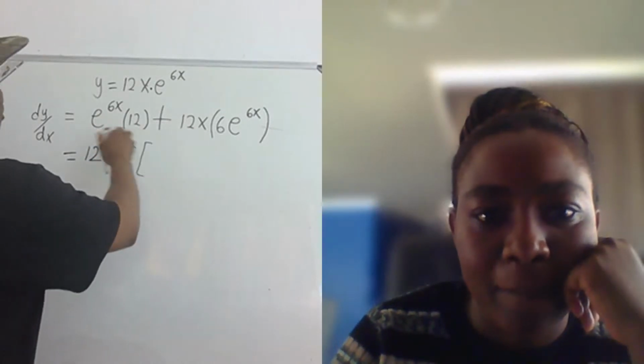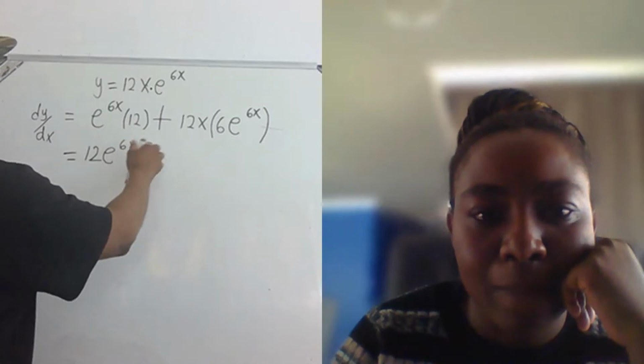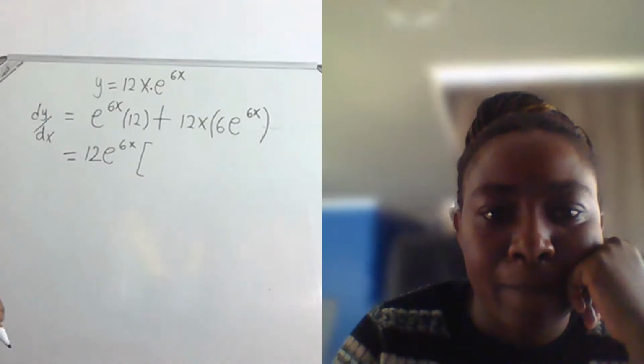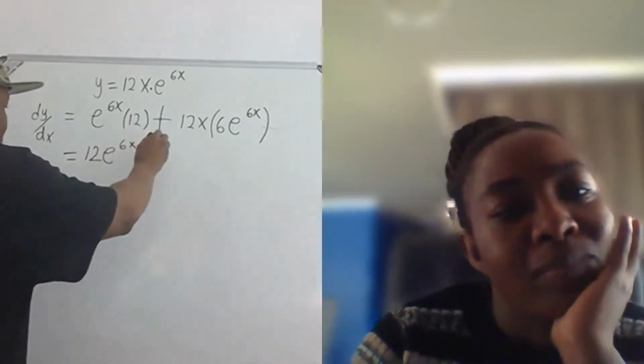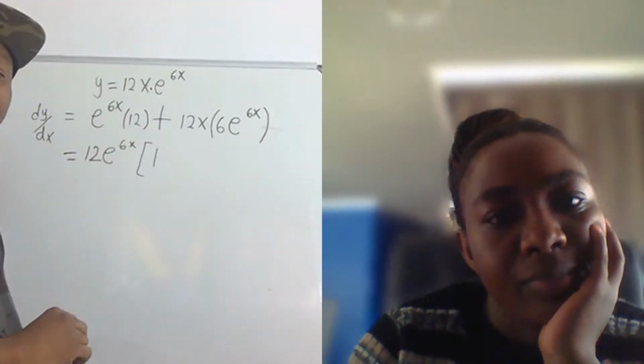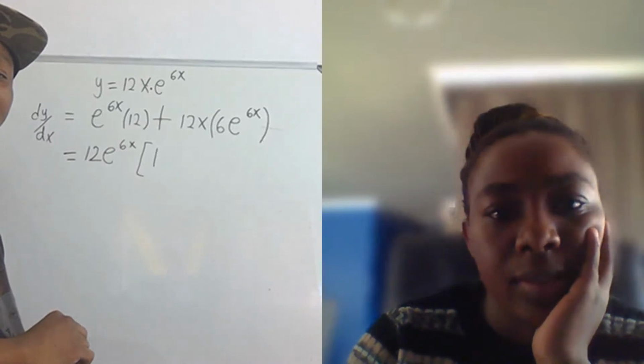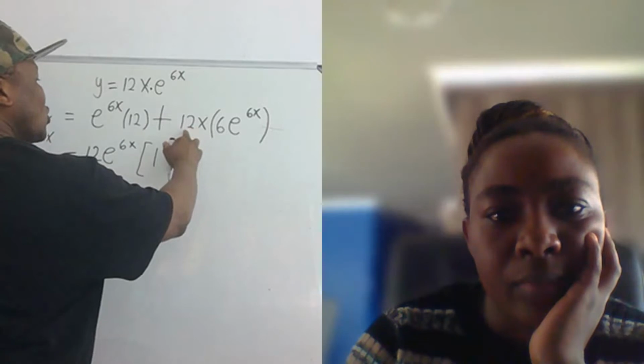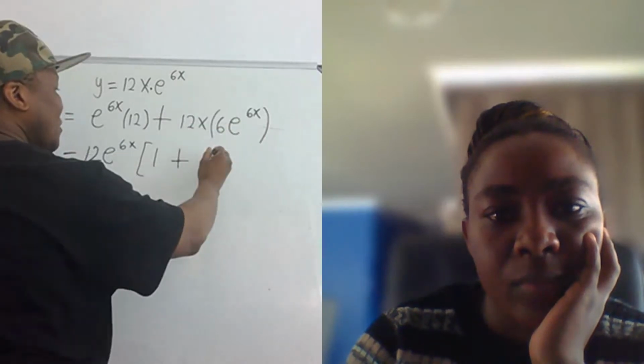So what are we going to be left with if we take e^6x out here? One. Plus, because everything went out, so left with 1, plus 12e^6x went out, so it's going to be 6x.